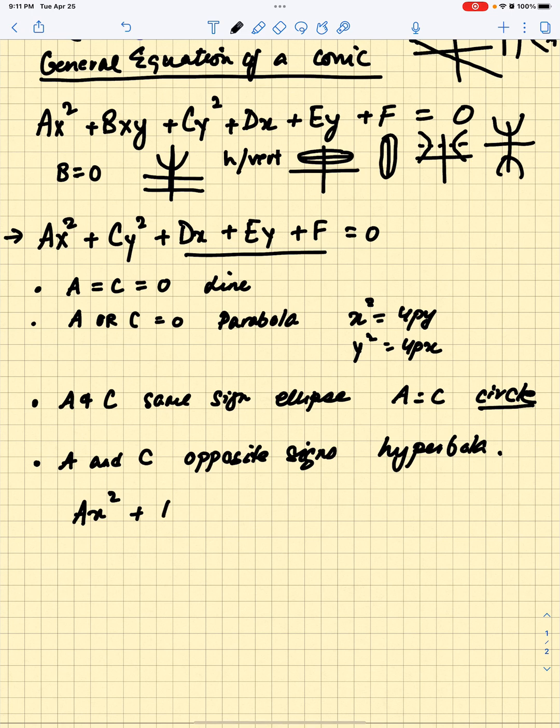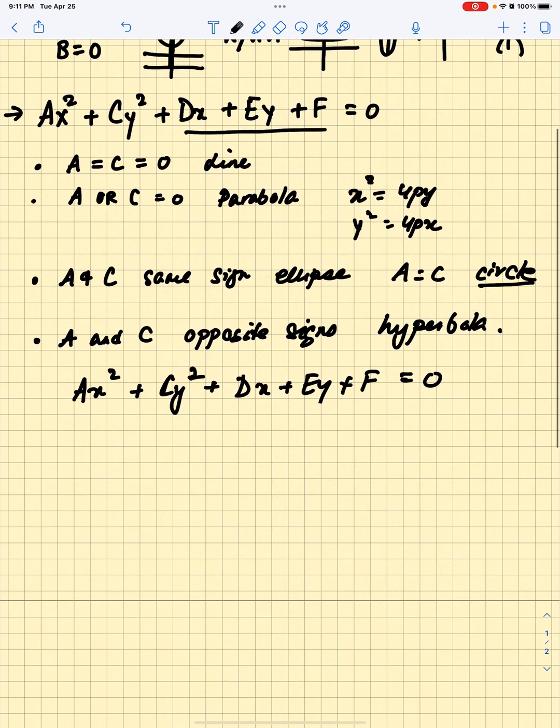Say ax squared plus cy squared plus dx plus ey plus f is equal to 0, and we complete the square and get an equation. The graph would be that of a parabola or an ellipse, again with axes that are either horizontal or vertical. So a parabola, ellipse, or a hyperbola.